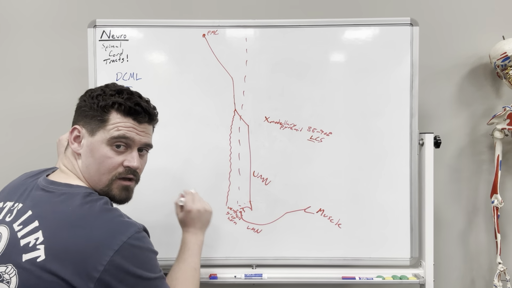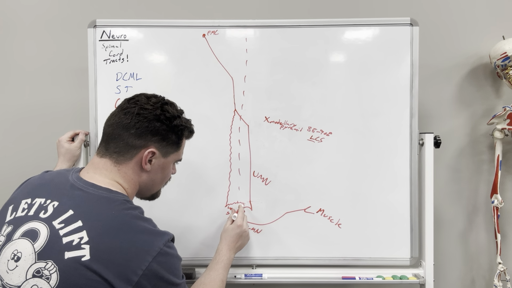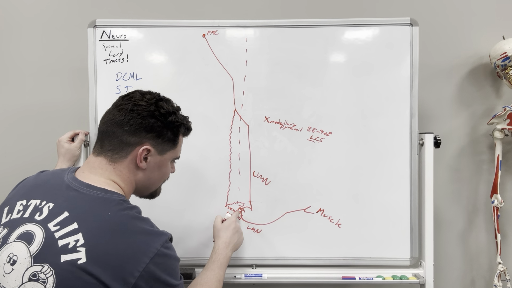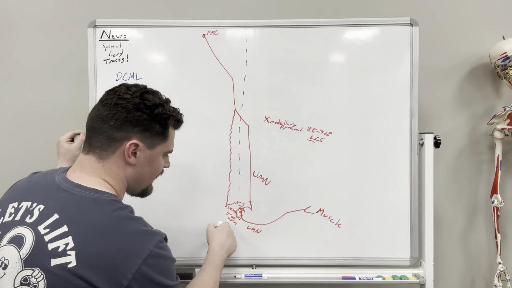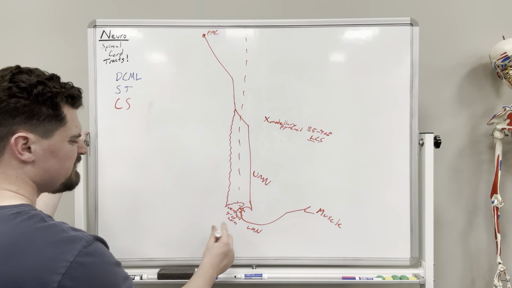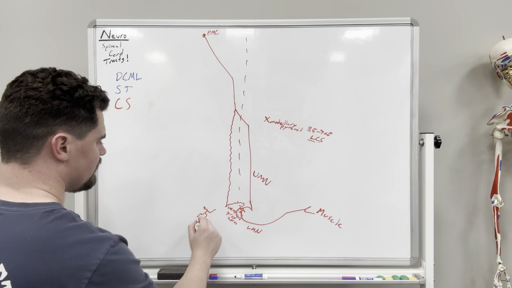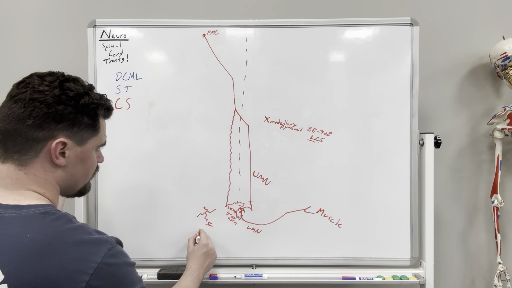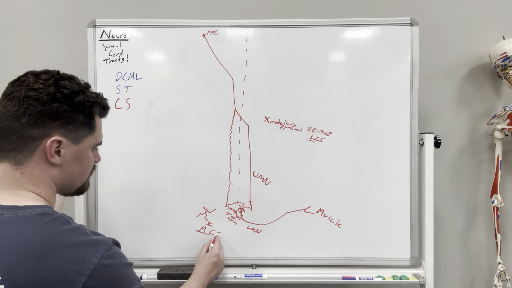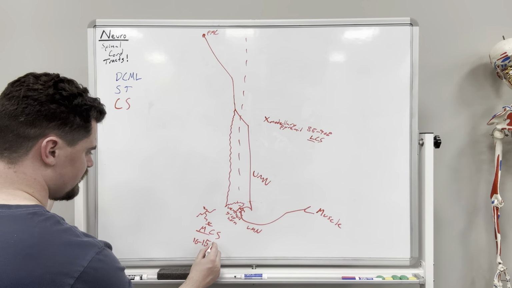However, at the level of the spinal cord, it is then going to cross and then synapse on the lower motor neuron at the ventral gray horn, just like that. So we'll do this kind of like a funky X and then put spinal cord, and this is the medial corticospinal tract, and this is only 10 to 15%.